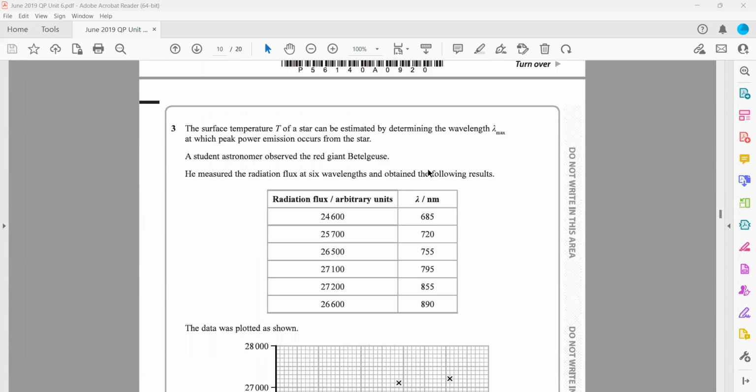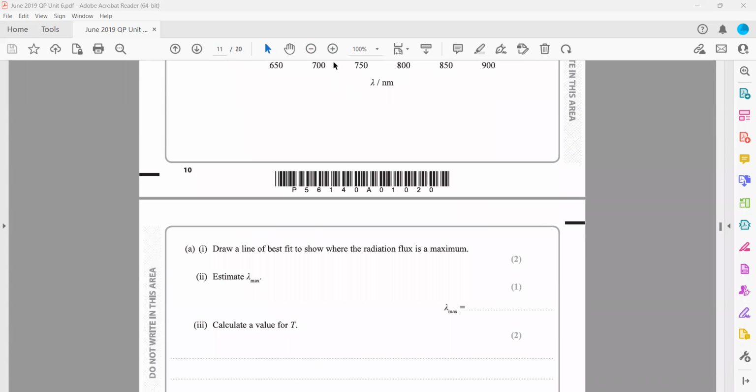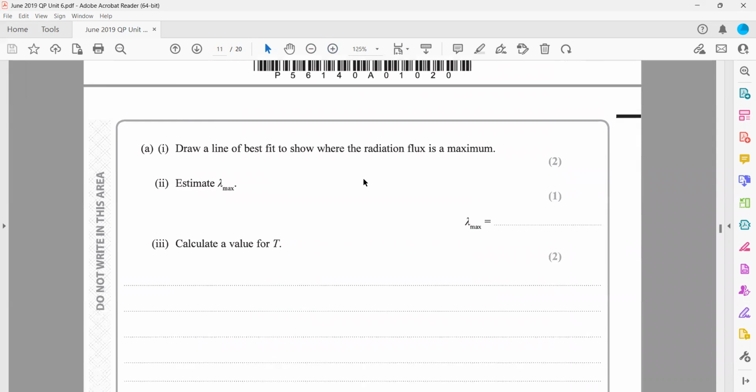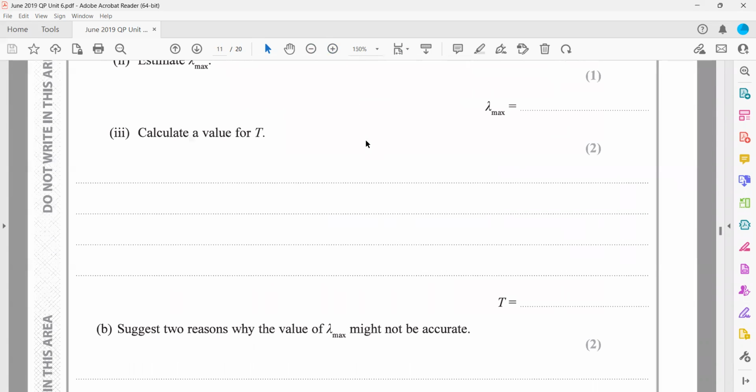There is a formula, in unit 5, Wien's law about stars, which states that lambda max multiplied by T is equal to 2.898 times 10 to the power minus 3. So if I need T, we divide by lambda max and we get the value for T.